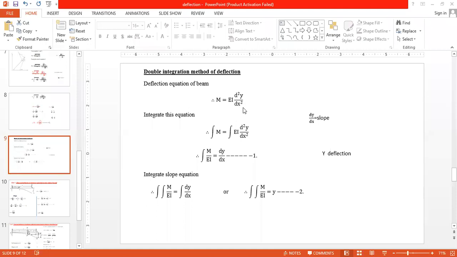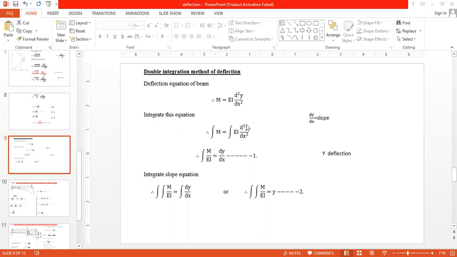Now when we integrate this once, on the left side you get the integration of M, and on the right side the integration of EI d2y by dx square. This EI is constant, so I can take it to the other side. It becomes integration of M by EI equals integration of d2y by dx square.